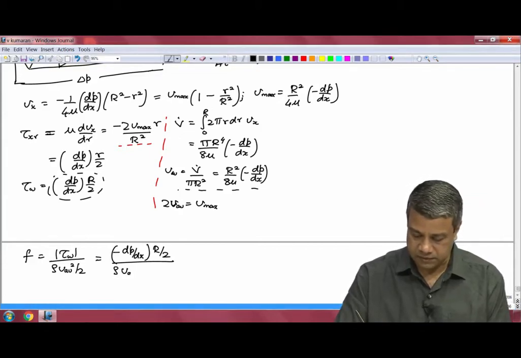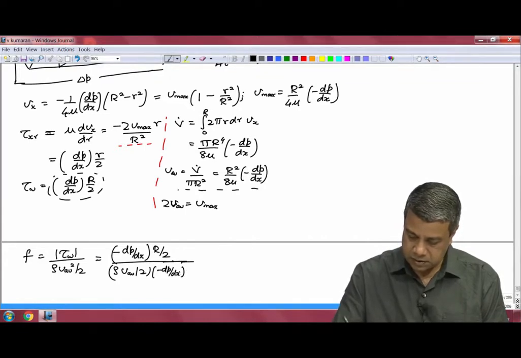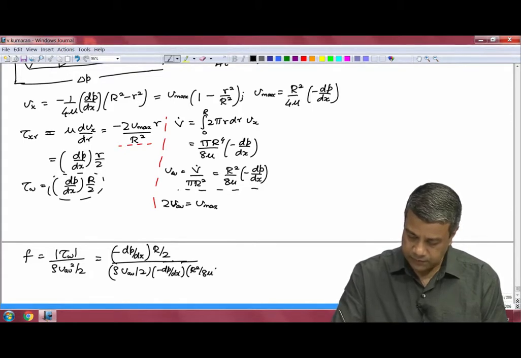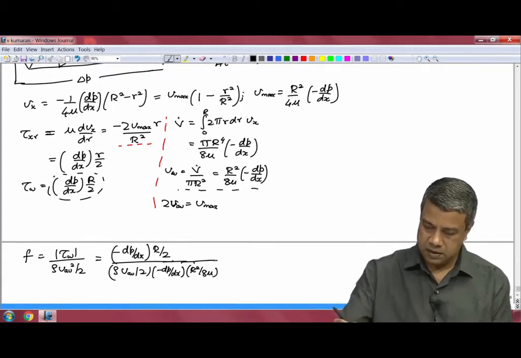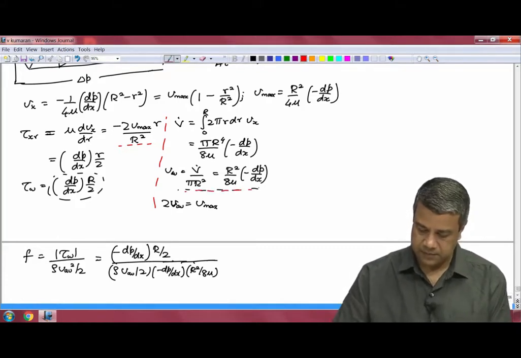So, I get rho V average by 2 into the average velocity, which is equal to minus dP by dx into r square by 8 mu. That is substituted from here.